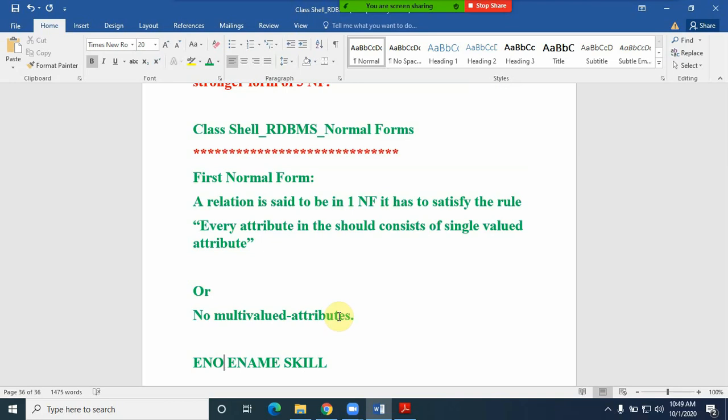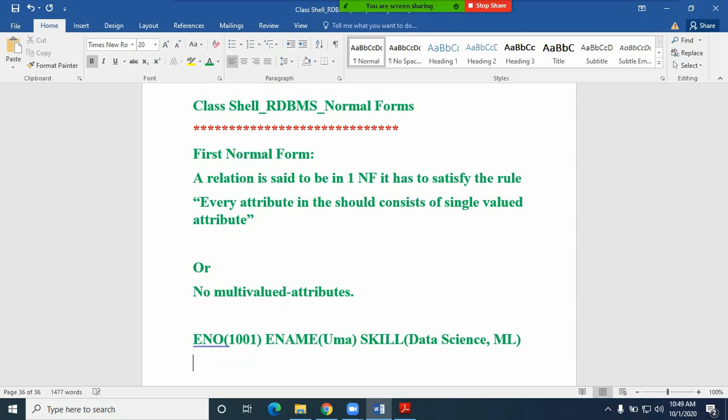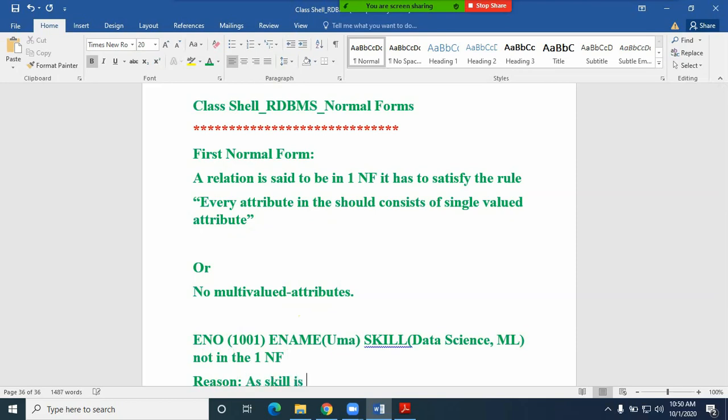I am giving employee number as 1001, an employee name, and some skills like data science, machine learning, and so on. This particular table is not in the 1NF. What is the reason, friends? The reason is that skill has multi-valued attributes.